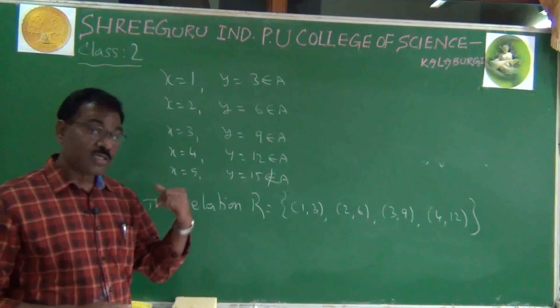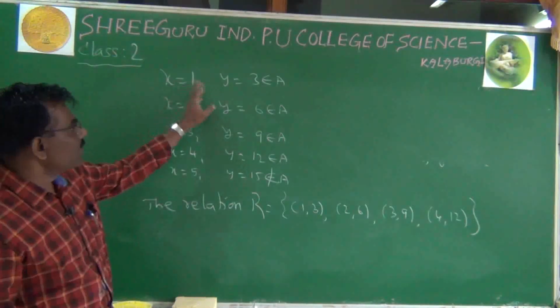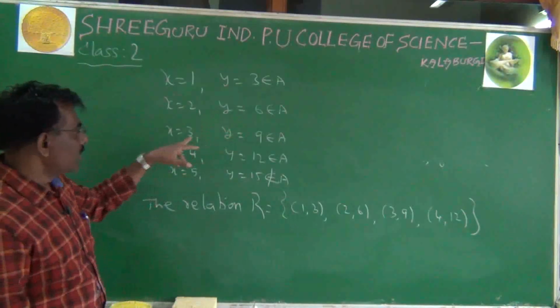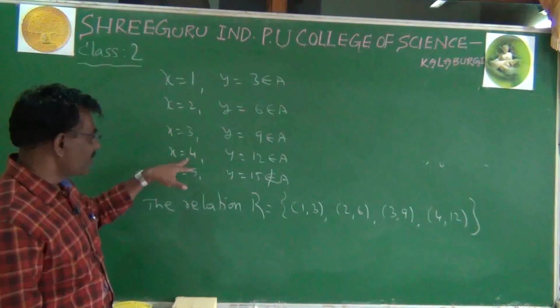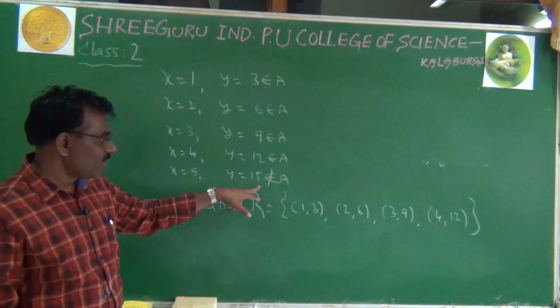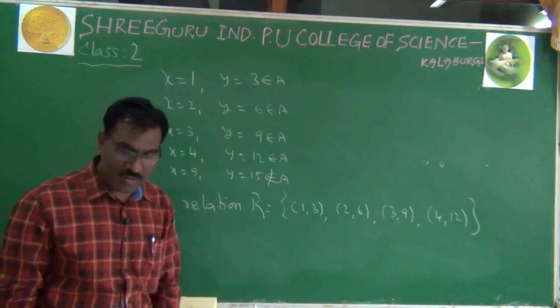This is called a relation on the set A, not A and B.